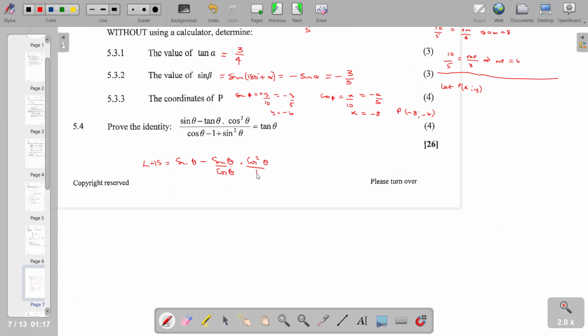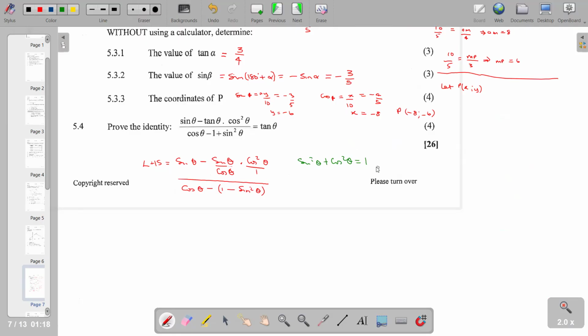This is the same as over 1, divided by cos theta minus open bracket 1 minus sine squared theta. But we know there is the identity which says sine squared theta plus cos squared theta equals 1.